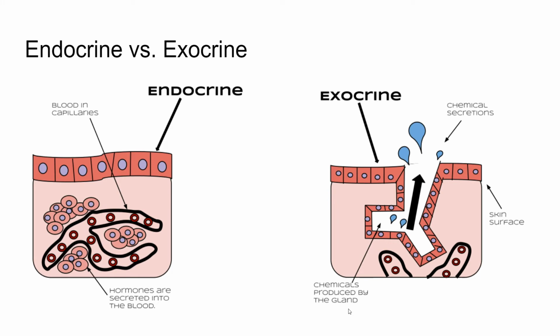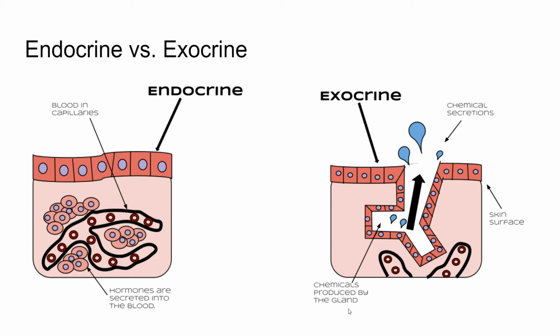So there are two types of glands found in the body. There's endocrine glands, which we're going to spend the majority of our time talking about, and exocrine glands. And this picture demonstrates the big difference here. Exocrine glands typically produce non-hormonal substances, some sort of chemical solution. Sweat glands are a great example of this. They produce sweat. Saliva glands produce saliva. Neither one of those are considered hormones.